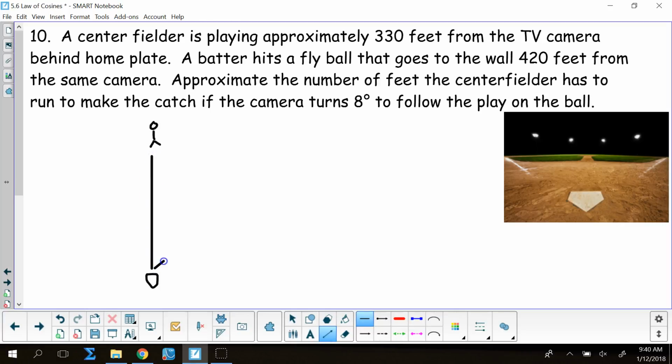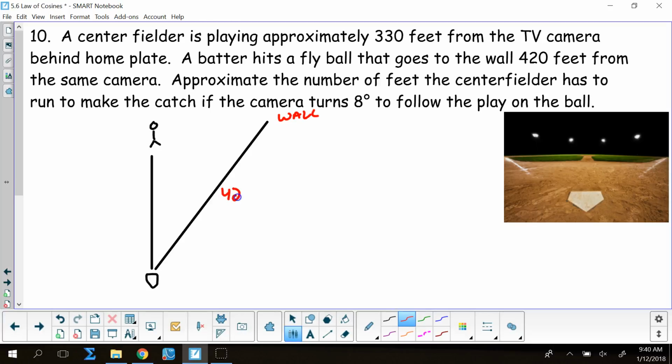And then you've got the wall over here. And the wall is 420 feet away, right? And the center fielder is playing at 330 feet. Okay? And then the camera pans 8 degrees.